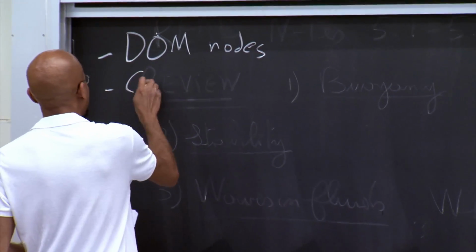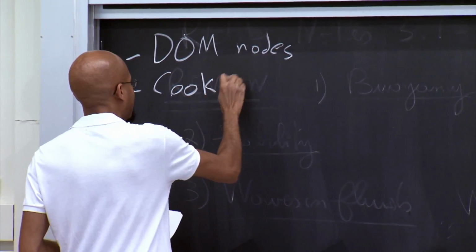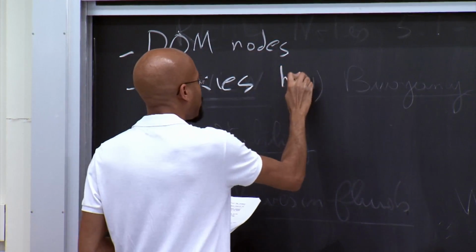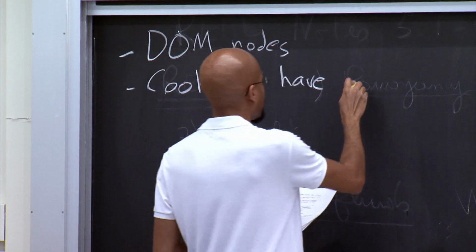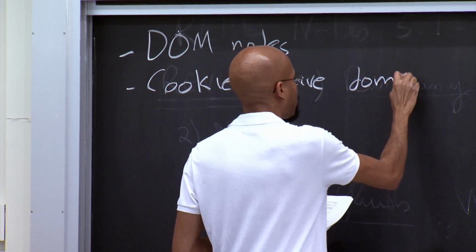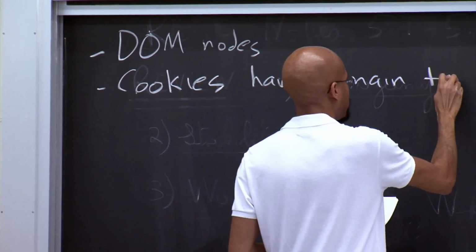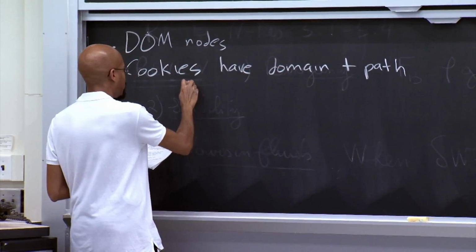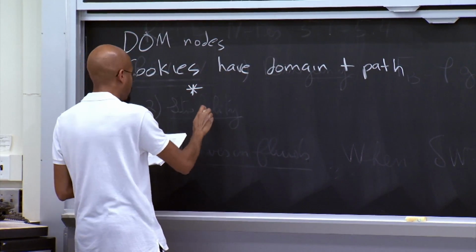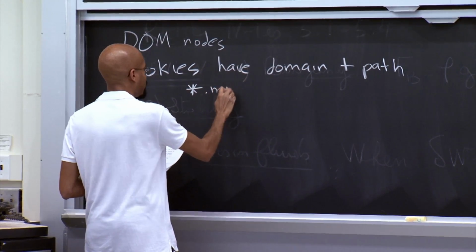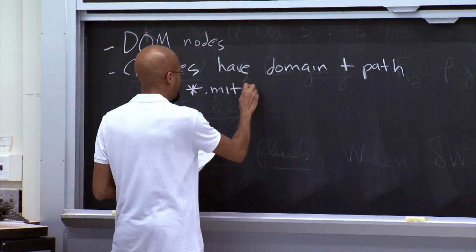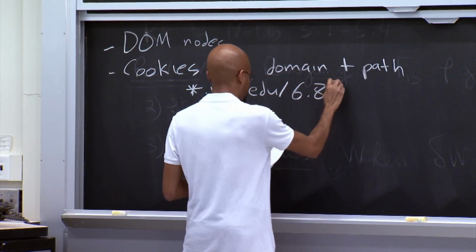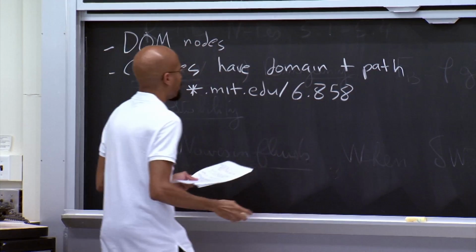Then we can look at cookies. Cookies are complicated and a bit tricky. Cookies have a domain, and they have a path. So for example, you can imagine a cookie might be associated with the following information: *.mit.edu and then 6.858, right?